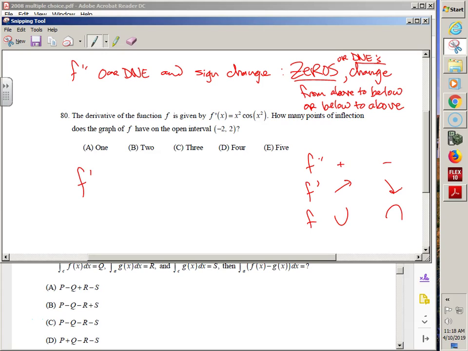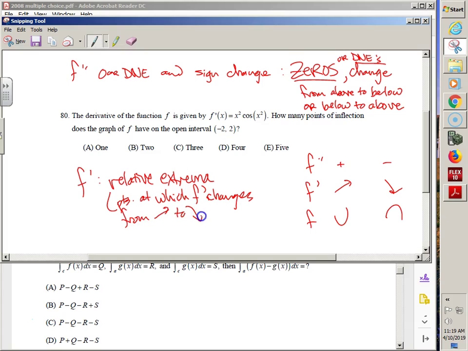So what does that mean? Well, if there's going to be a sign change of a second derivative at a 0 or a DNE, isn't that going to mean there's going to be a relative min or max of the first derivative? So I'm looking for relative extrema, basically, or points at which f prime changes from increasing to decreasing, or decreasing to increasing.